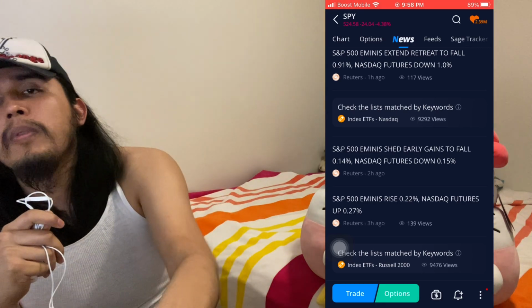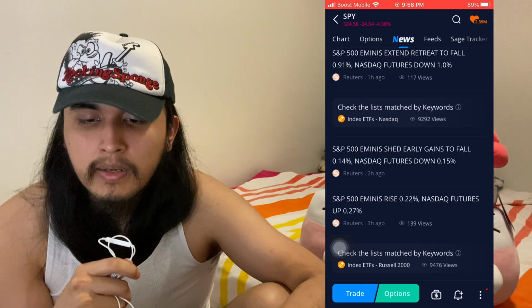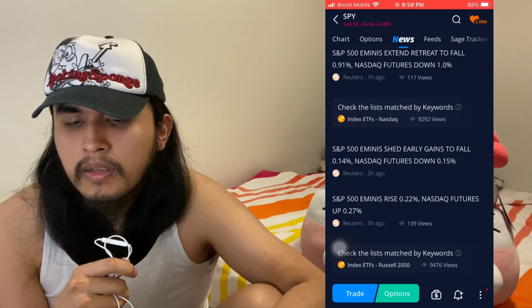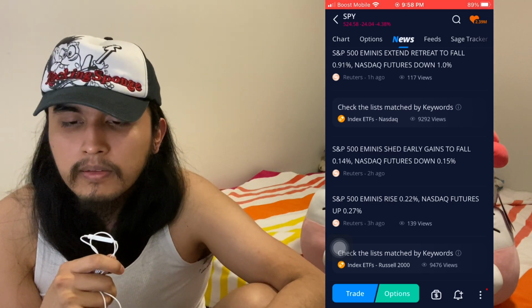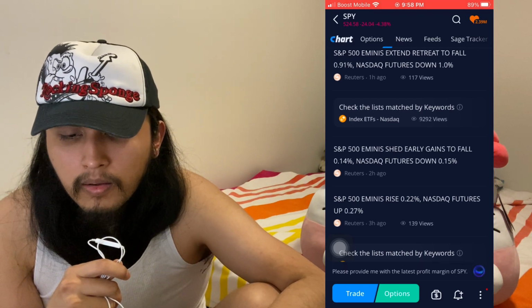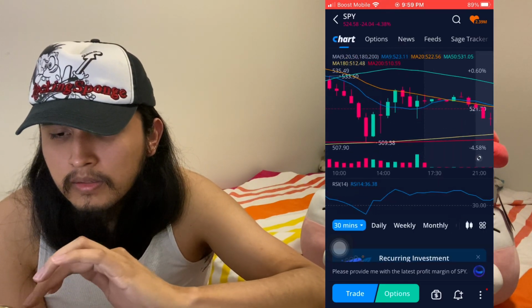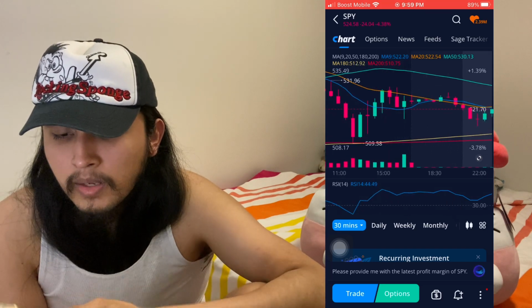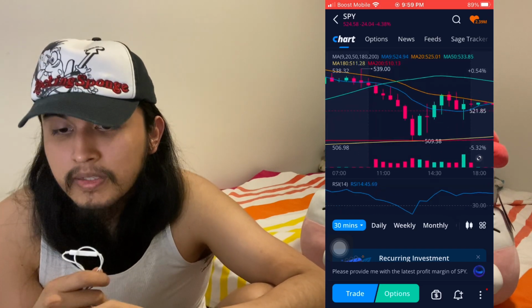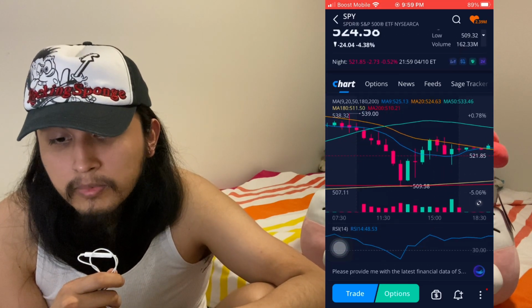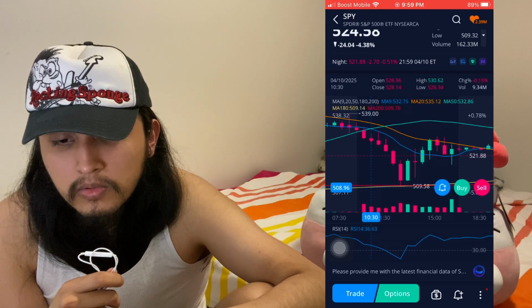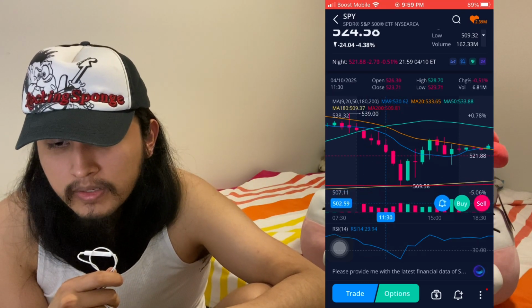Basically, with the whole thing going on with tariffs, right? You could see that it's just affecting the overall market. For example, today, on the 30-minute time chart, SPY had a huge move towards the downside.